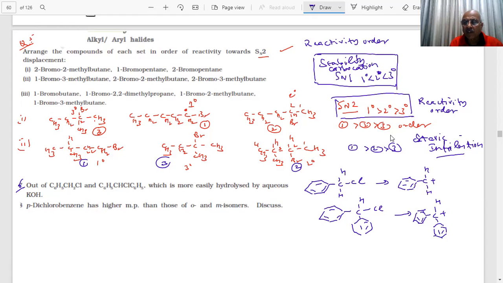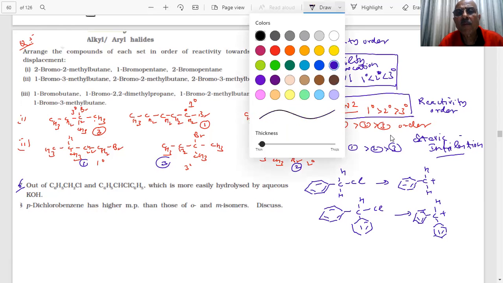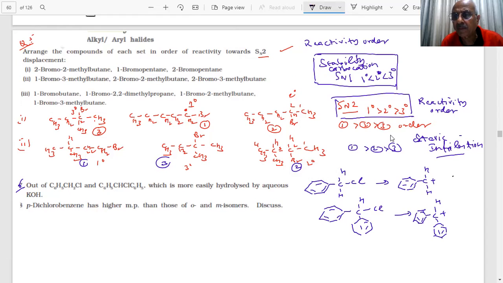But the stabilization is due to which factor, students? Resonance. What resonance is it? Resonance due to two phenyl groups. Here there are two phenyl groups, here there is one phenyl group. So you can see that through resonance, this is the plus R effect of the benzene ring, students.